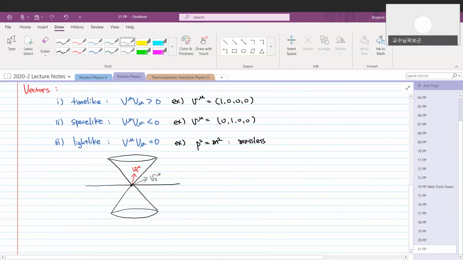And light-like is just the same line on the light cone. This is light-like.